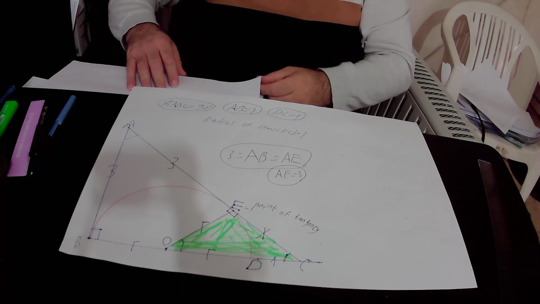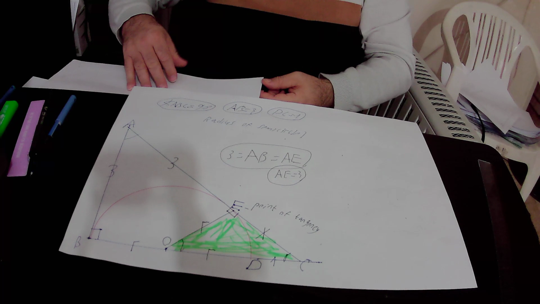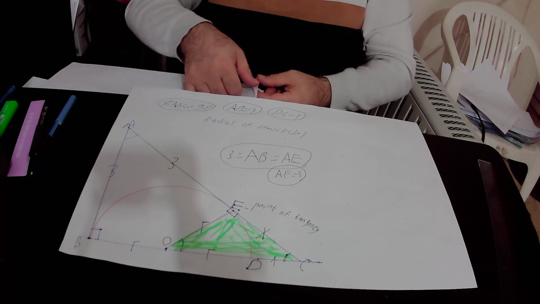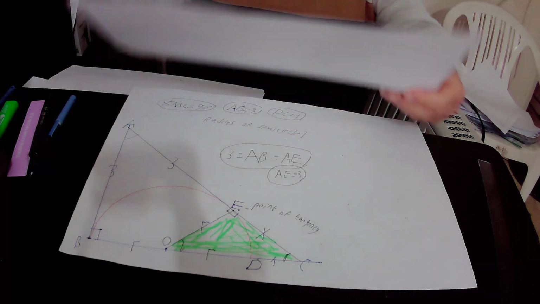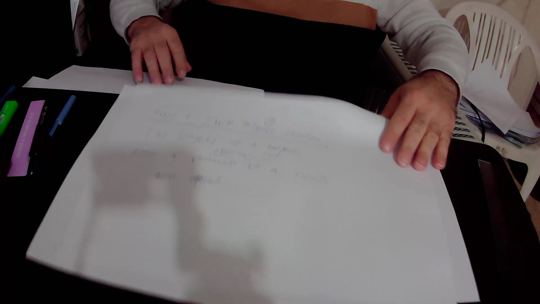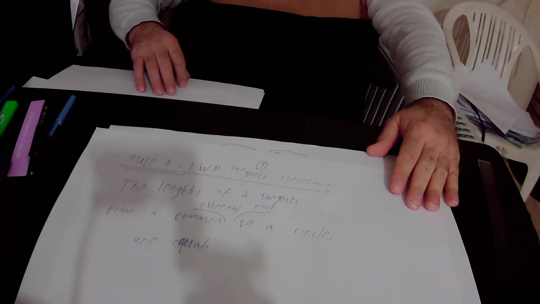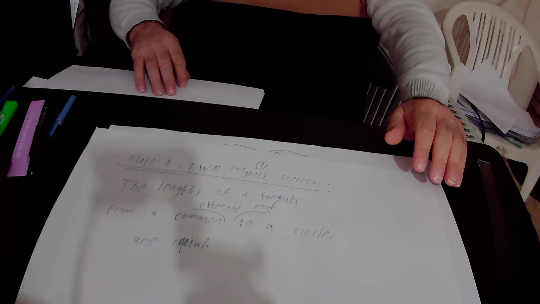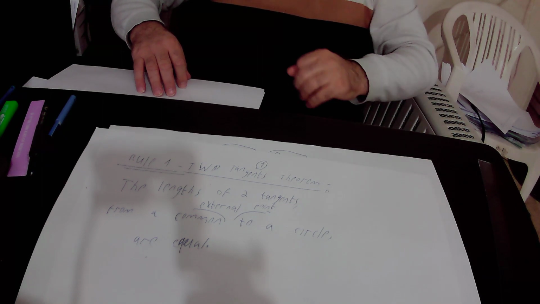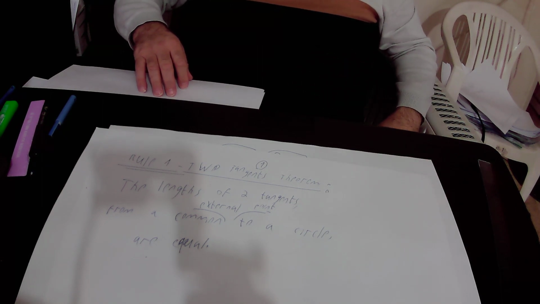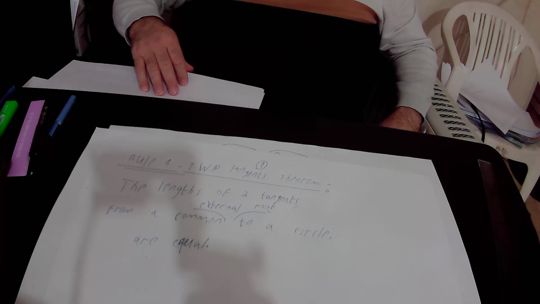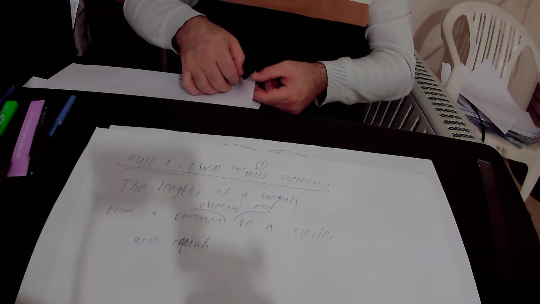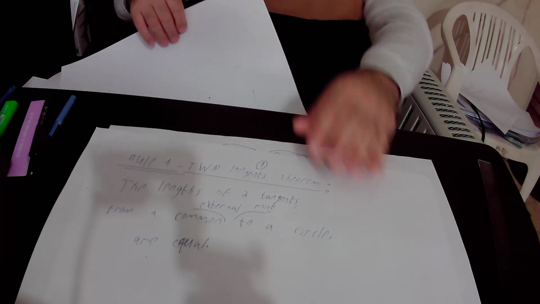Okay, so first of all, I presented to you rule number 1. According to rule number 1 of the two tangents theorem, the lengths of two tangents from a common external point to a circle are equal. So, what is the meaning of rule number 1?